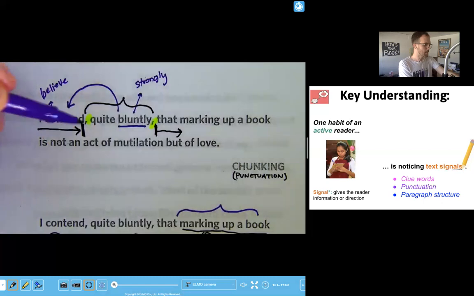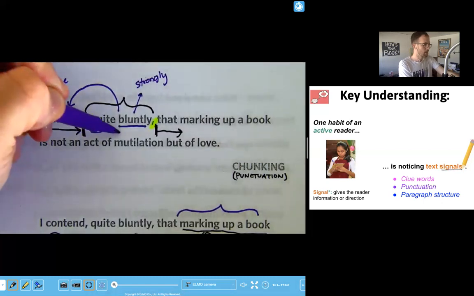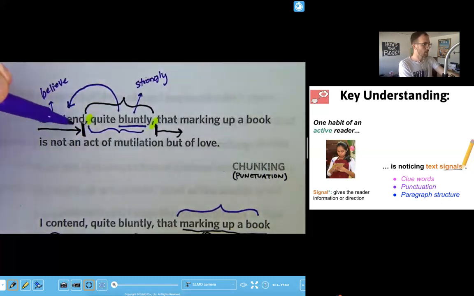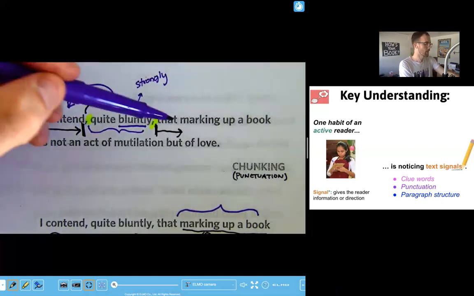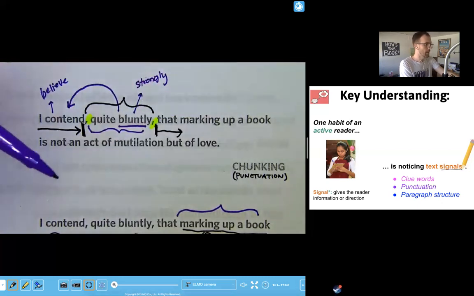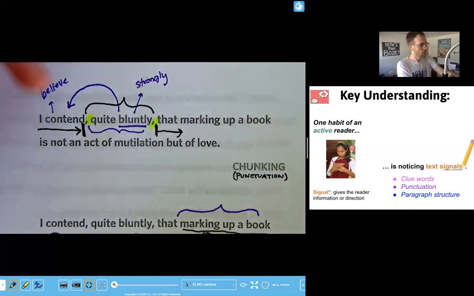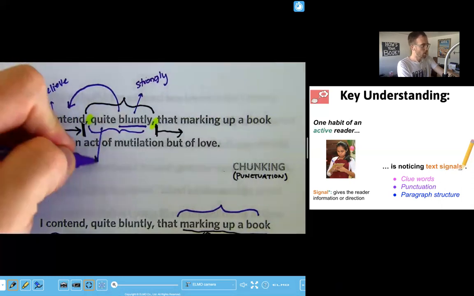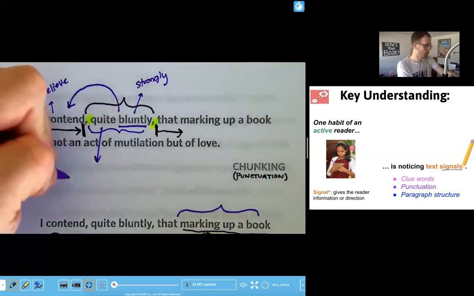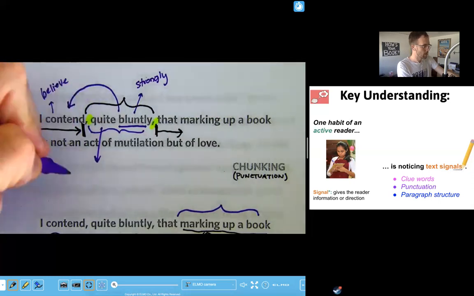So he stopped his sentence in the middle to say, I believe very strongly, I believe very strongly that marking up a book shows you love it, not hate it, right? So overall, this punctuation shows he feels strongly.